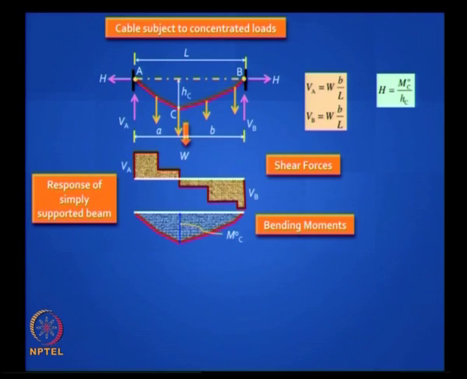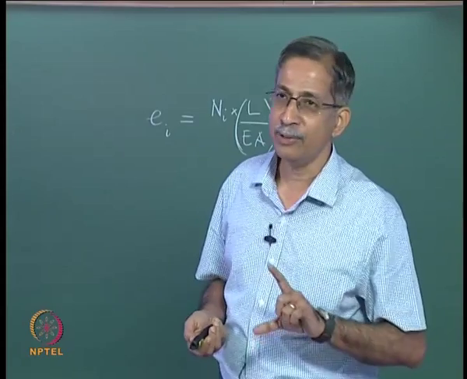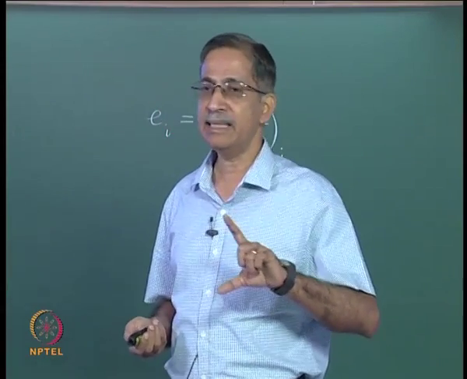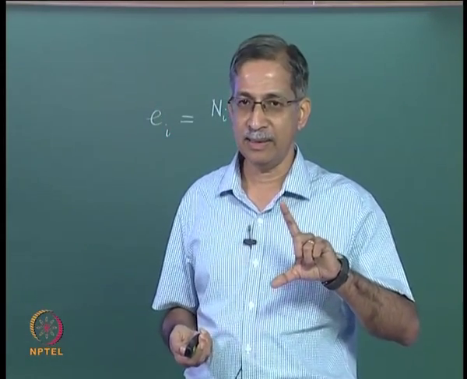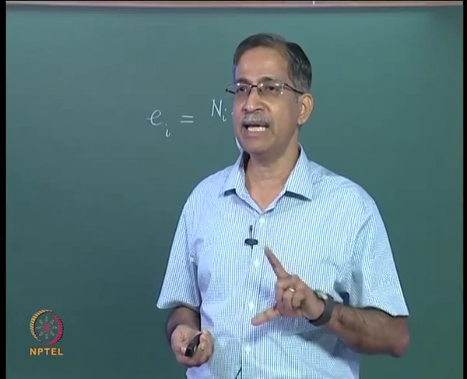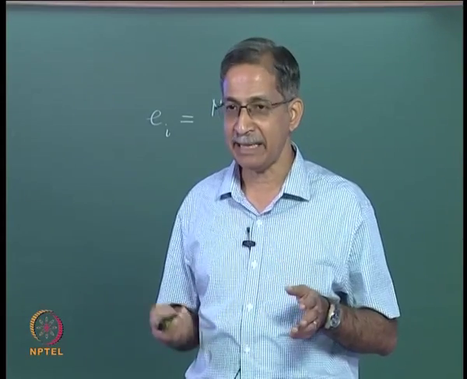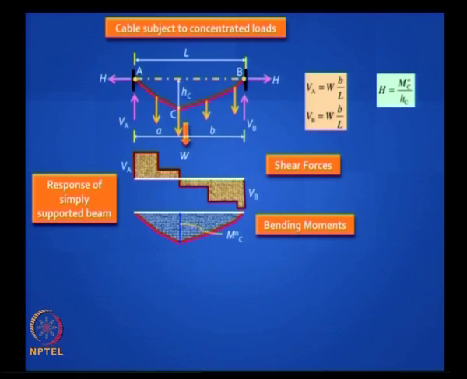So you can work out the heights at different locations once you know the bending moment. So all you need is the height at any one location, and usually you know the height at the maximum dip of the cable, and that height is called sag. Here I have shown HC, and so you can get the horizontal reaction.